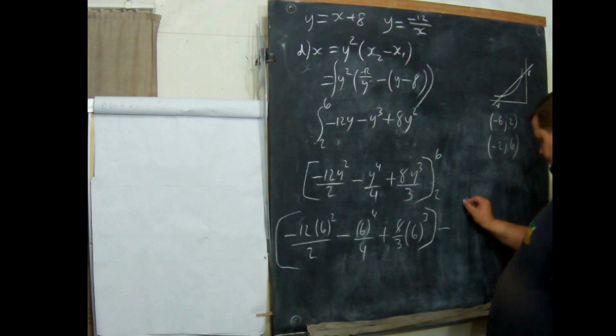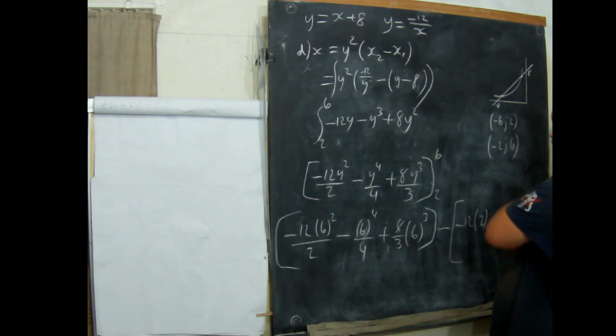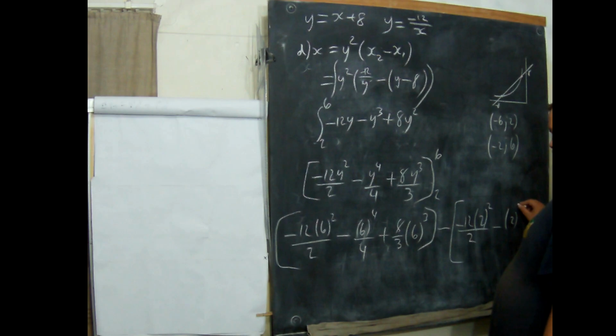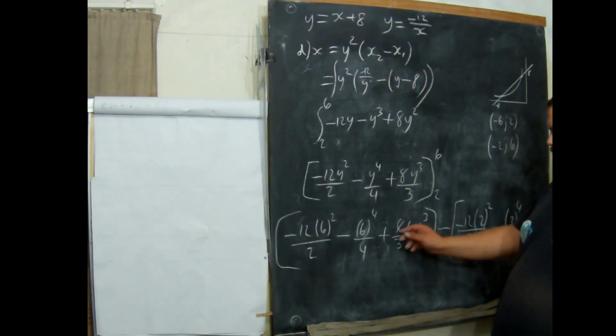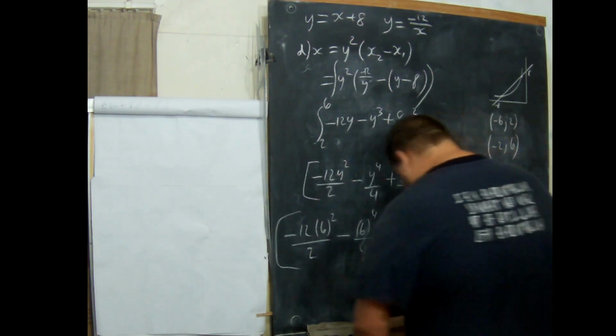Minus, minus 12 times 2 squared over 2, minus 2 to the power 4 over 4, plus 8 over 3 times 2 cubed. Okay, you put each one separately into your calculator and then you will get this answer.